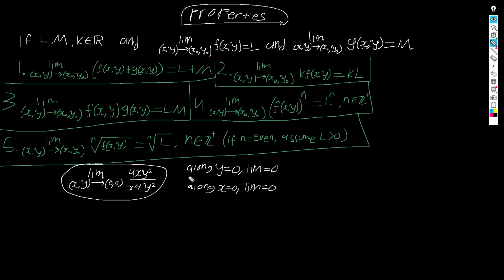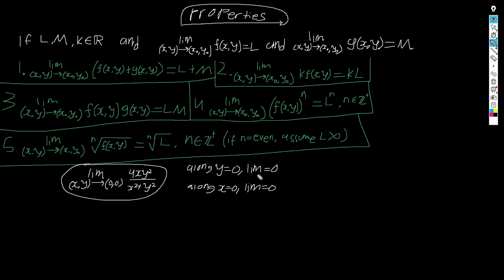Approaching the origin along the line y equals 0, the limit is always going to be 0 because we're multiplying 0 by something. And same thing with the line x equals 0, the limit would also be 0. Now that's just accounting for 2 directions.